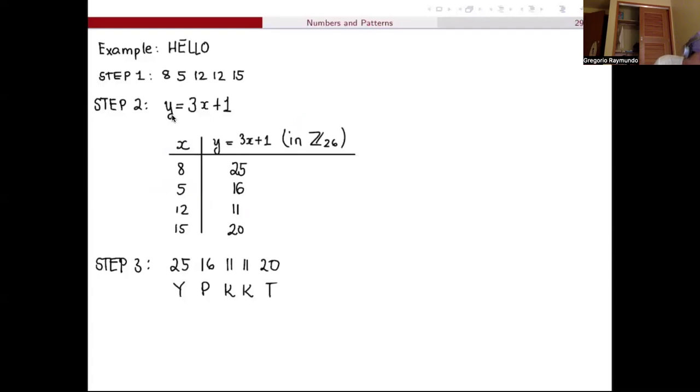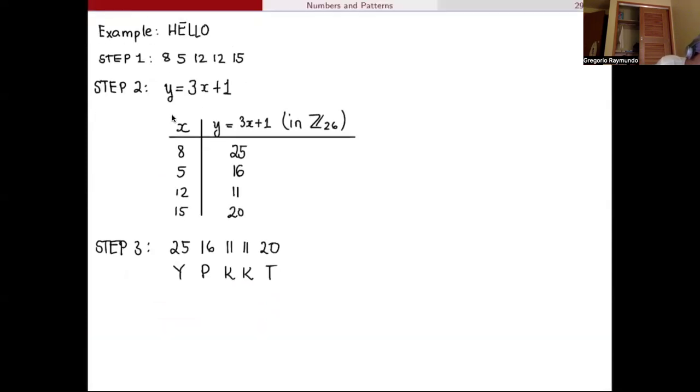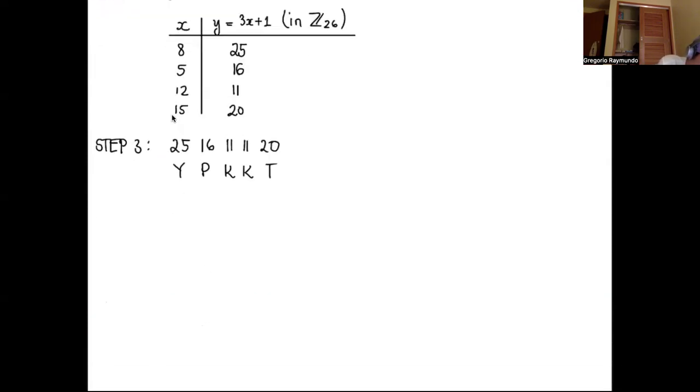So the next one is, paano pag given tayo ng YPKKT? So, ida-decrypt naman natin siya. Decrypting.